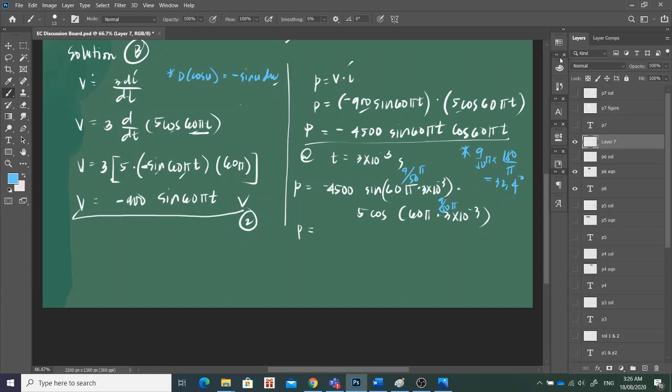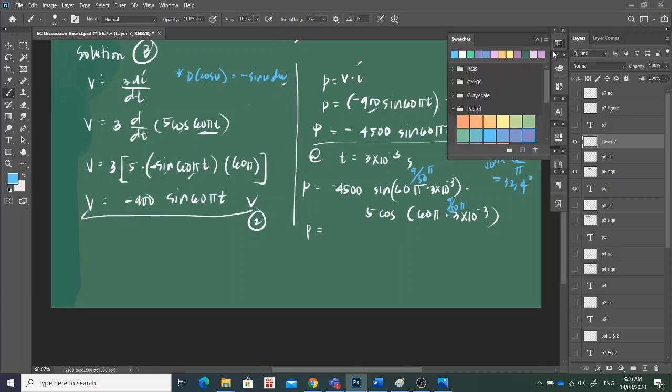So negative 4,500 times sine 32.4 degrees, times cosine 32.4 degrees.